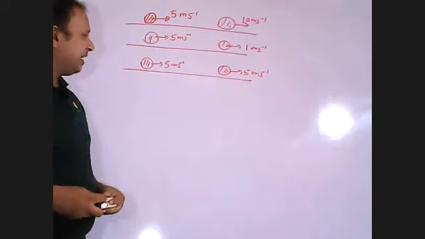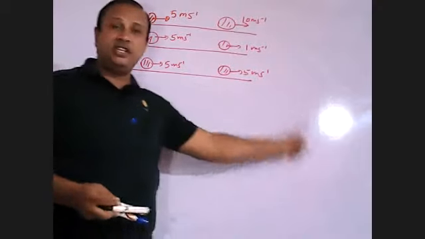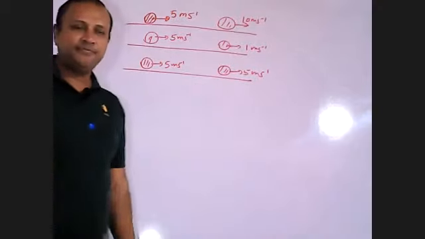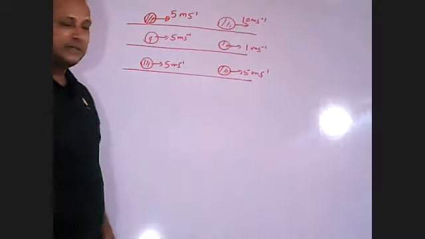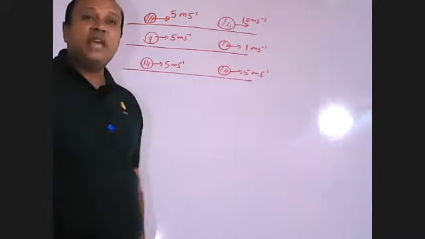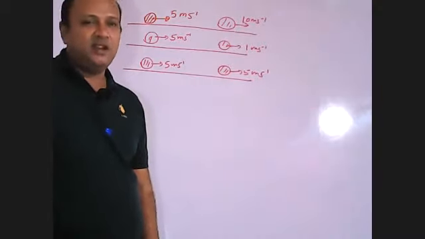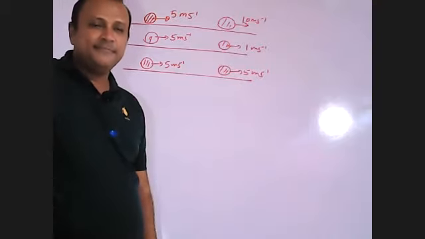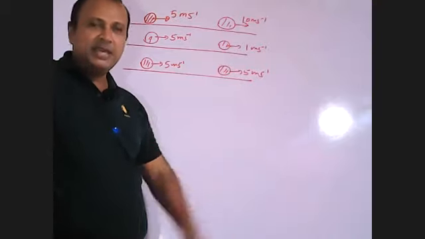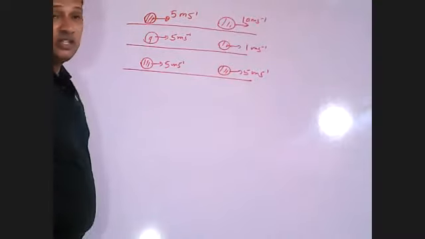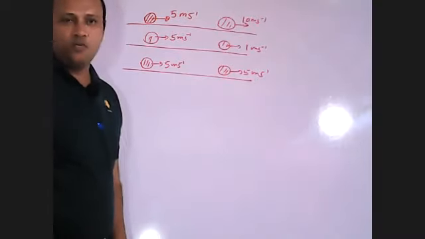If the velocity remains unchanged, we say the object moves at a constant velocity condition. So those are the three ways or three conditions of moving.